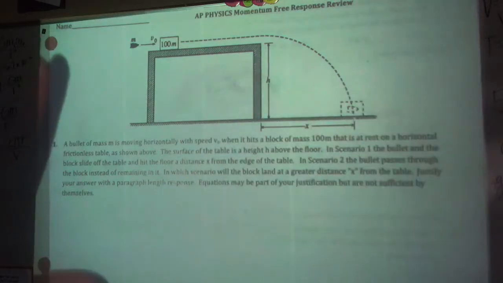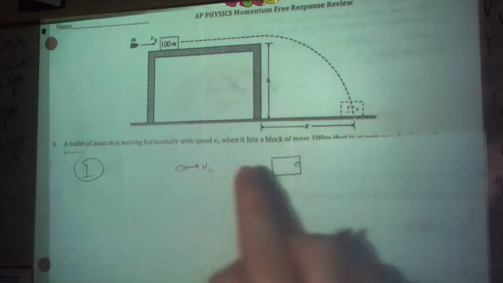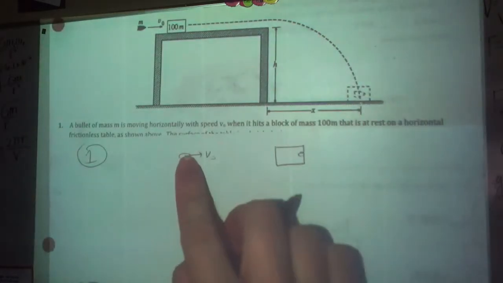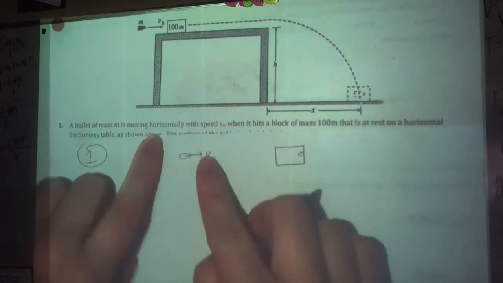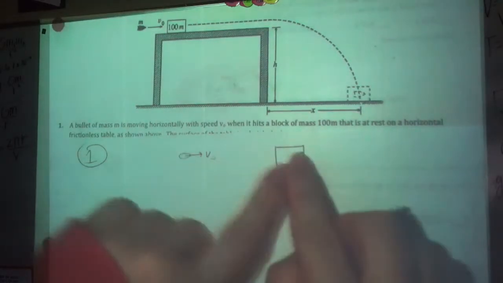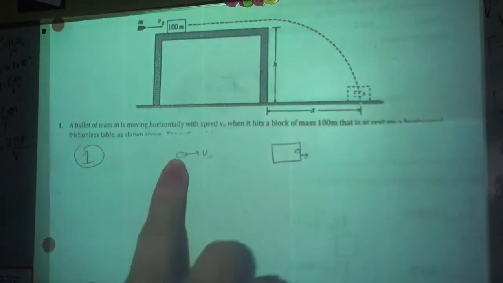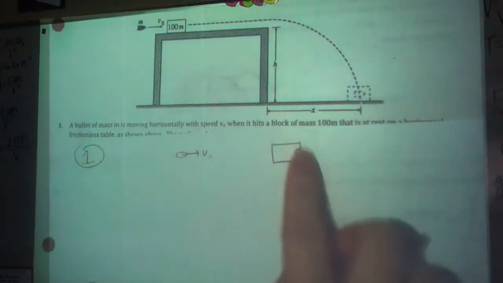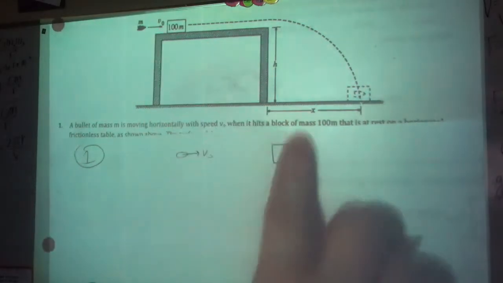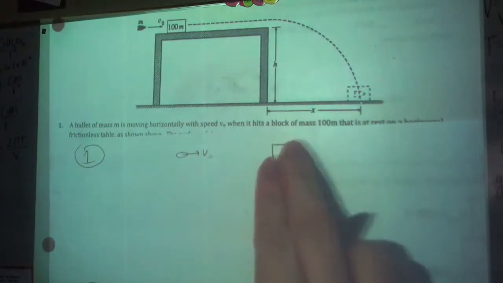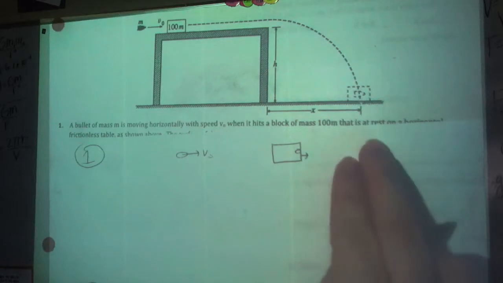So I redrew the diagram just so you can see a better idea of it. Right here, my before is a bullet coming in, and then they stick together. Obviously, when they stick together, it's going slower than the v naught because you just gained 100 times more mass. But if they're stuck together, then they would both be moving to the right.